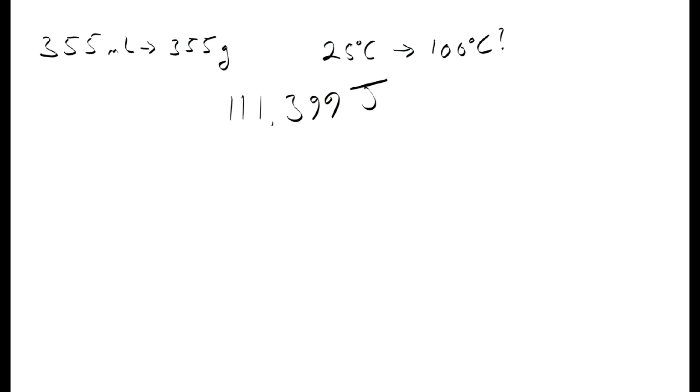And in a couple of lectures, by the time we're done, you will know how to do that calculation yourself. Won't that be nice? But the fact is that we usually work in kilojoules for most of our stuff, just because a single joule is a very small amount of energy.